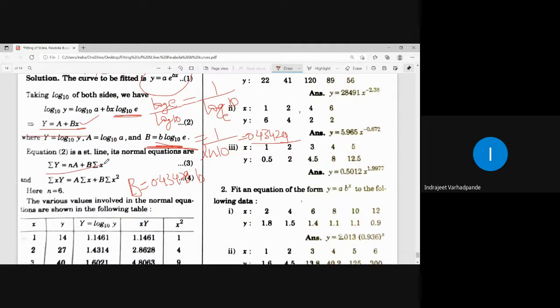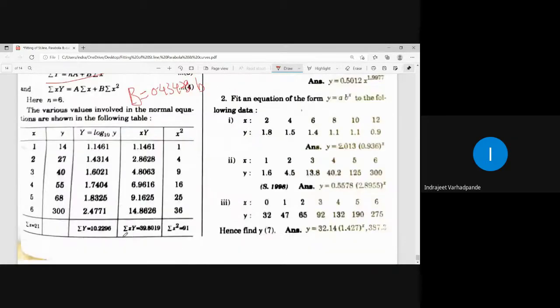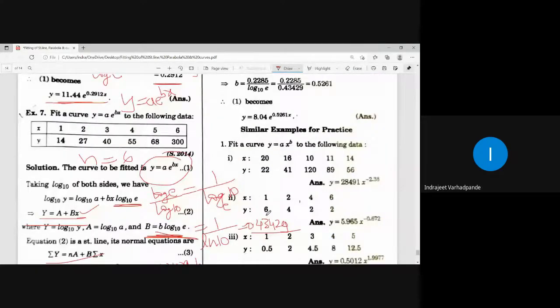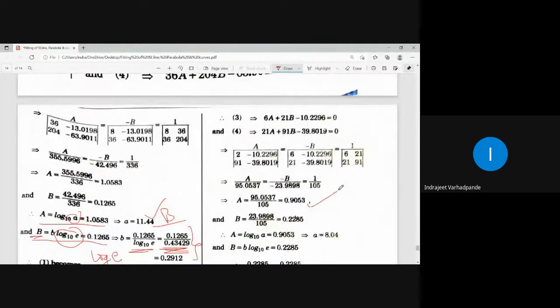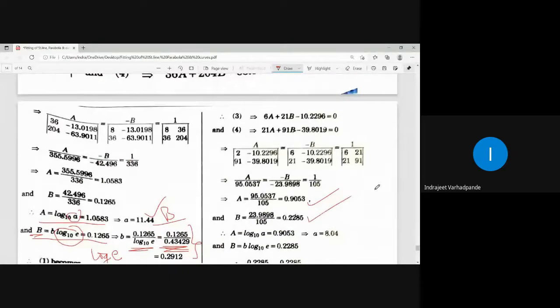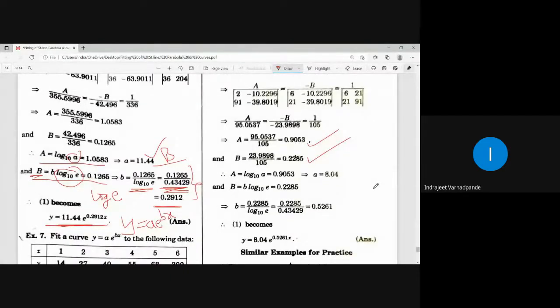Generate the normal equations, calculate the requisite values from the table by taking the addition. You get the value for capital A, you get the value for capital B by solving them simultaneously.